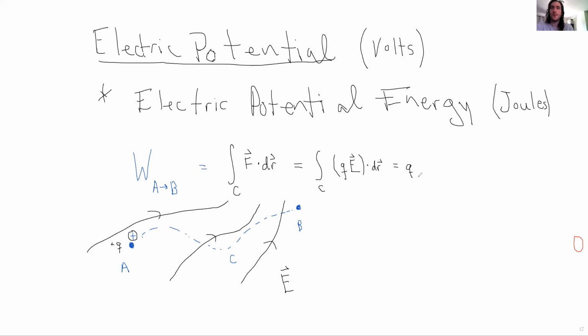Which is a displacement vector. And so for electrical work, this is our final answer. This is as far as we can take it without assuming something about E and about the path that we're on. So that's as far as we can take it there.